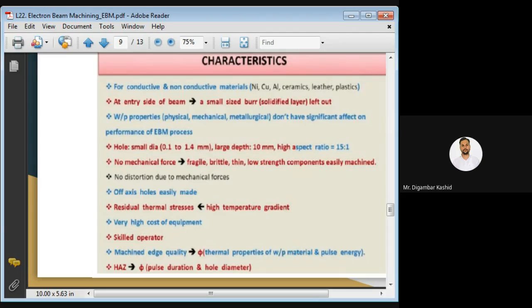I repeat, machining edge quality depends on the thermal properties of your workpiece material and pulse energy. How many pulses you are giving, and how much energy you are giving per pulse, also affects the quality of the machined edge. Again, the heat affected zone, HAZ, in the case of the electron beam machining process, depends on the pulse duration and your hole diameter. So these are the process characteristics of our electron beam machining process.